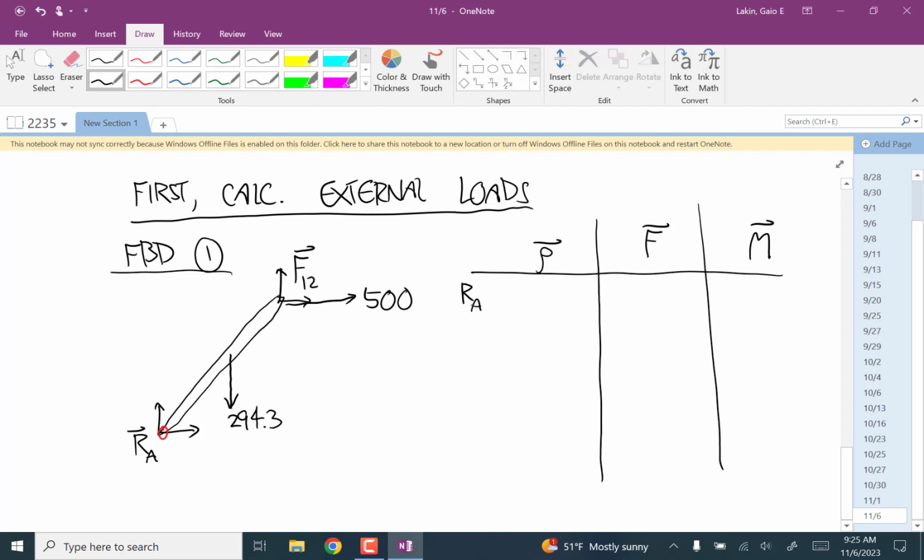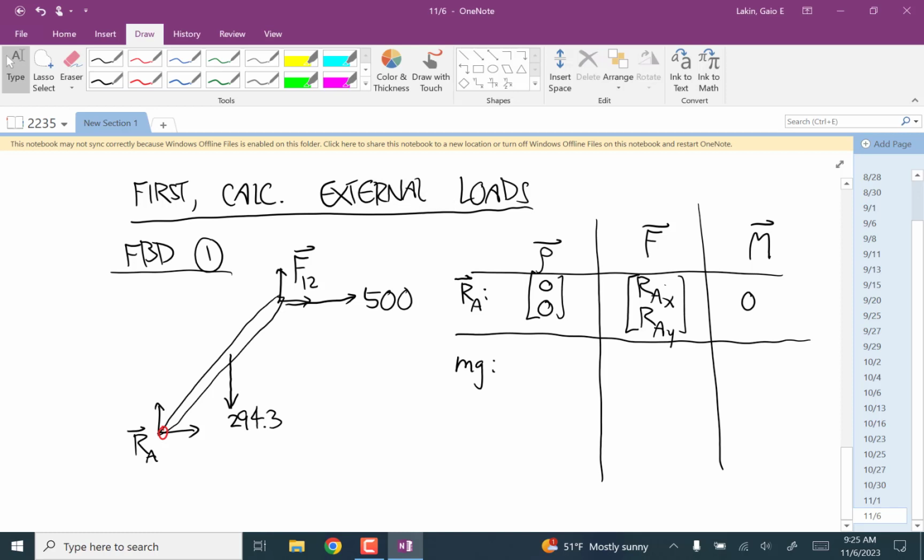So first, my force RA, row vector is 0. Force is RAX, RAY. Cross product is 0. Then the weight force, the row vector is 0.25, 0.433. The weight is 0, negative 294.3.